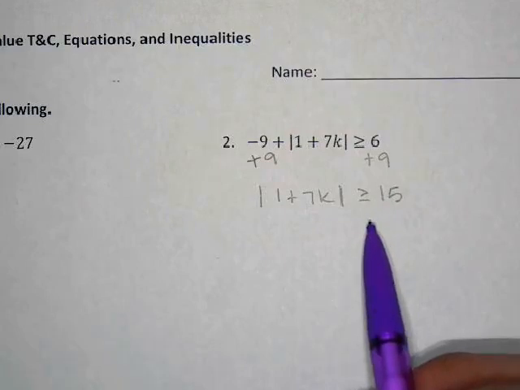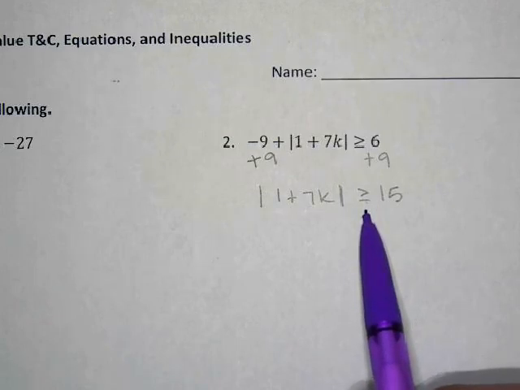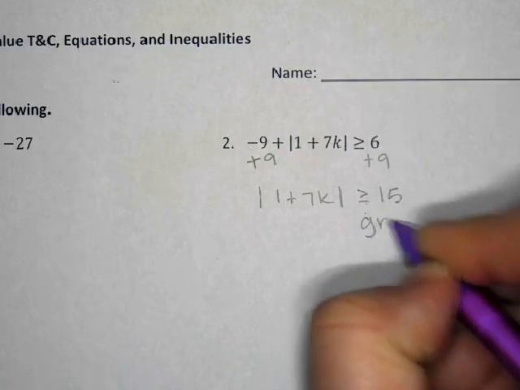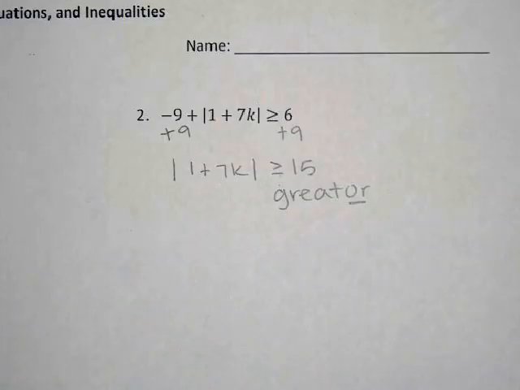So here I have the absolute value symbol, and then my greater than, and then my number. Since my absolute value is all alone, this is where I can figure out what this symbol is called. So what is this called right here? Greater than, greater. So what kind of answer am I going to have? Or, which means my arrows look like what?